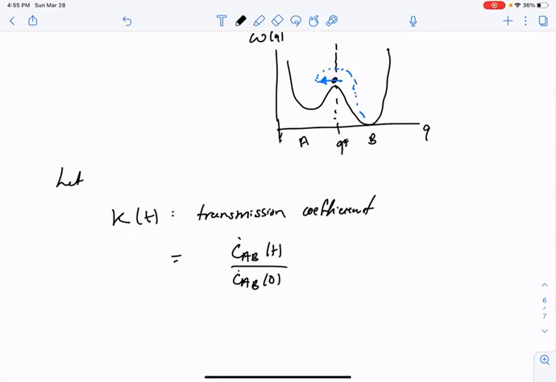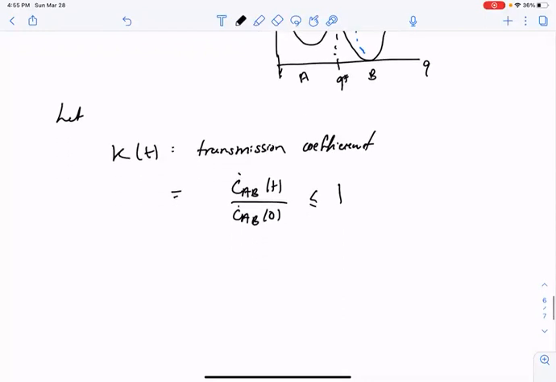And this ratio is strictly bounded by 1, implying that transition state theory is strictly an upper bound on the rate.